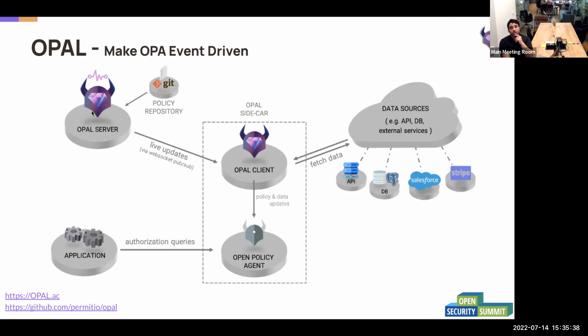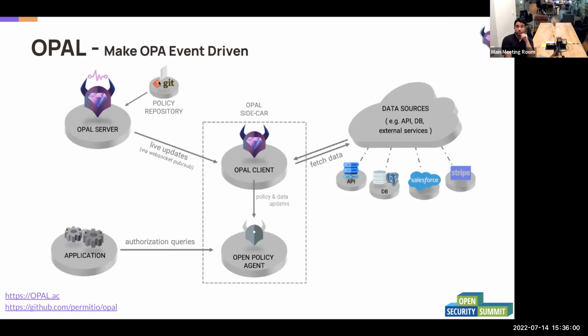The OPAL server tracks events from multiple sources, including our policy from a Git repository. And remember GitOps, so OPAL really enables us to implement that best practice. OPA creates the best practice for decoupling policy and code. And OPAL enables us to be event-driven and use GitOps out of the box.